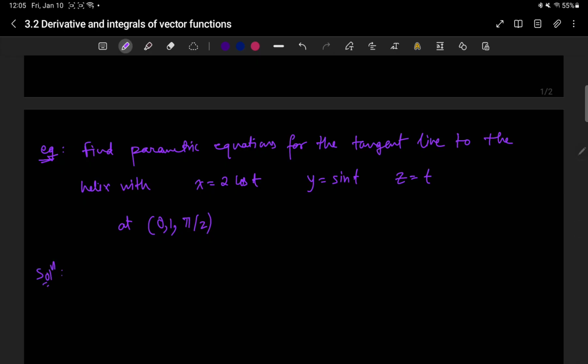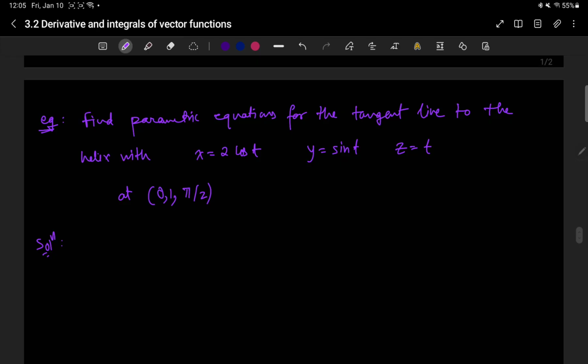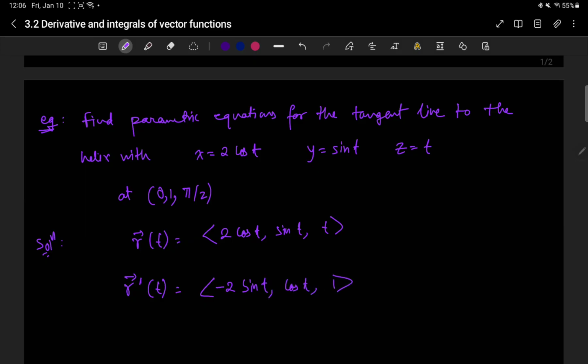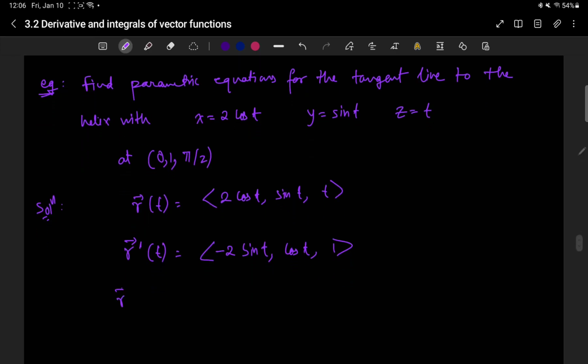So since we're trying to find the equation of a tangent line, it means we have our vector equation 2 cosine t, sine t, t, and we can find the derivative, which will be negative 2 sine t, cosine t, and 1. So what is the tangent vector at this point, 0, 1, pi over 2?